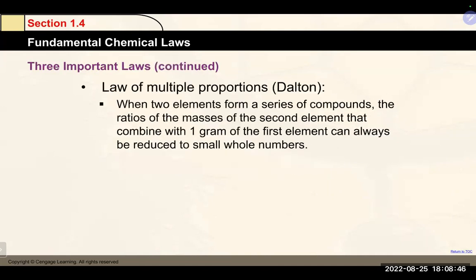In addition, the law of multiple proportions, which was done by Dalton, basically says that when 2 elements form a series of compounds, the ratios of their masses to the second one when they combine is always the same and can be reduced down to a whole number.